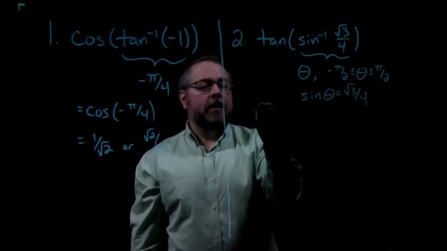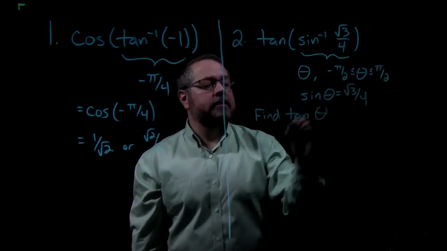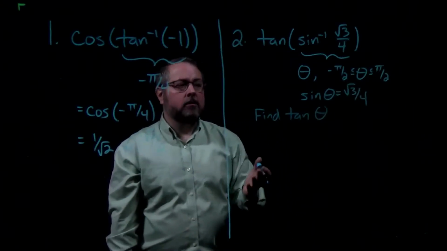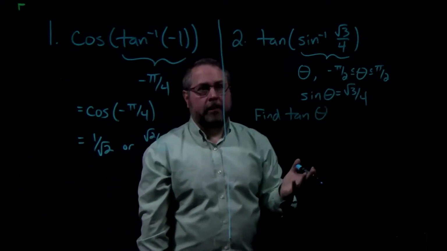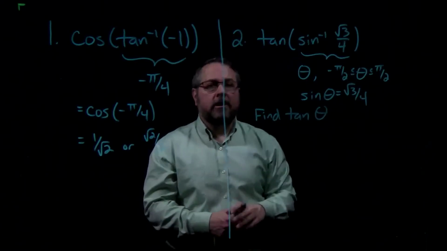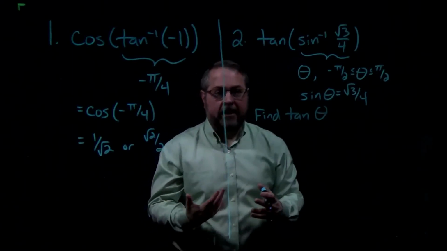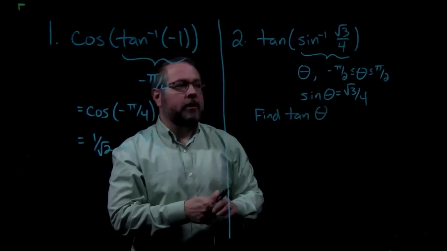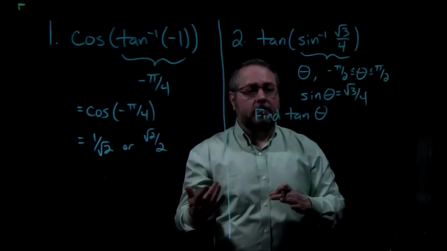What we're trying to find is the tangent of that angle, because the inverse sine of √3/4 is just an angle. Its sine is √3/4, and we want to find its tangent. This actually comes back to a problem that we've done many times in the past, particularly in Unit 1, where we have a quadrant and one trig function for our angle, and we want to find another trig function value.